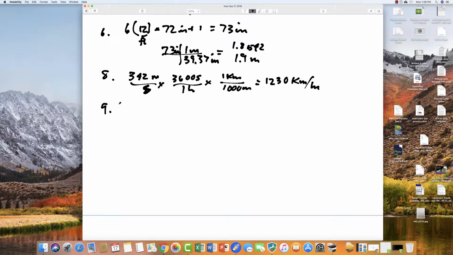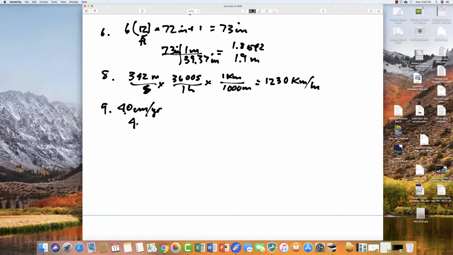Number 9, tectonic plates are large segments of Earth's crust that move slowly. Suppose that one such plate has an average speed of 4.0 centimeters per year. The question is, what distance does it move in 1 second at this speed?